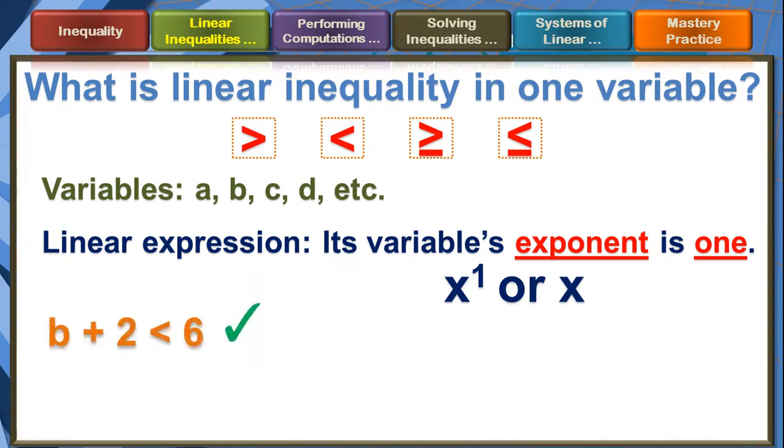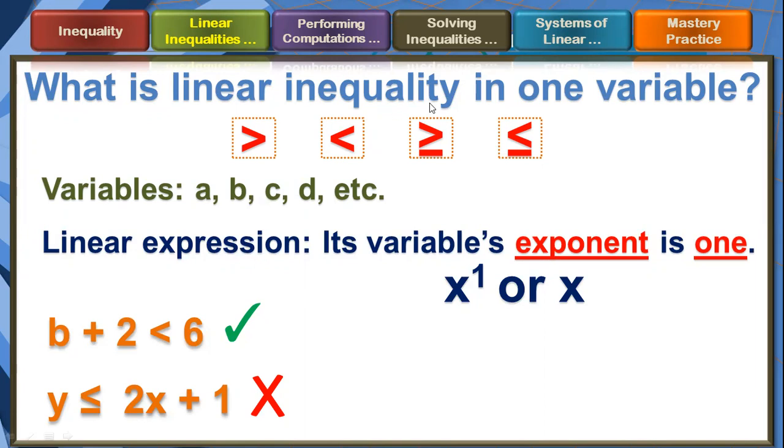So now this one is an example of a linear expression. Why? Because here we have one variable. At the same time, the exponent is 1. But this one is not. Y is less than or equal to 2x plus 1.